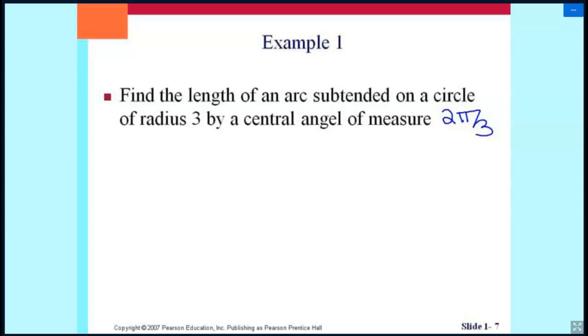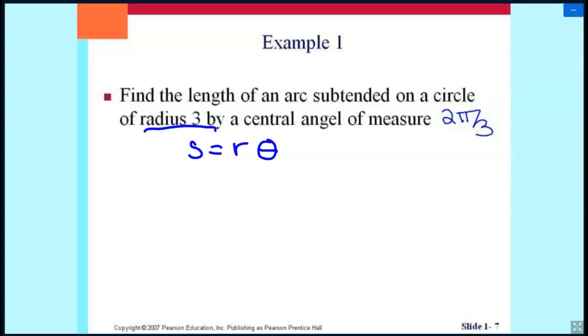So it says find the length of an arc subtended on a circle by radius 3 with angle measure. Well, there's a typo. It says angle measure, with angle measure 2 pi thirds. So what you want to do is plug into your formula. So we know we're applying S equals R theta.